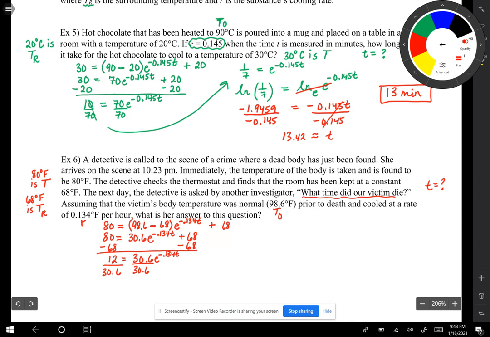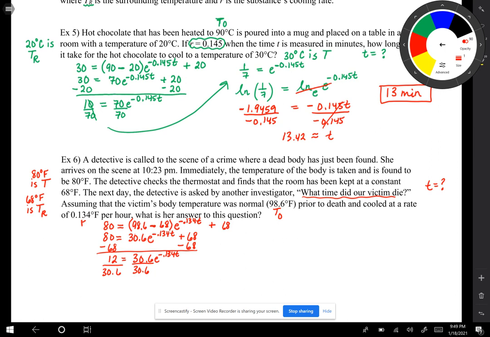12 divided by 30.6. Now, I just left it like that, but you don't have to. You can actually do 12 divided by 30.6, and a lot of students like to do that, and I might for this one. So I'm going to go ahead and actually do what 12 divided by 30.6 is.